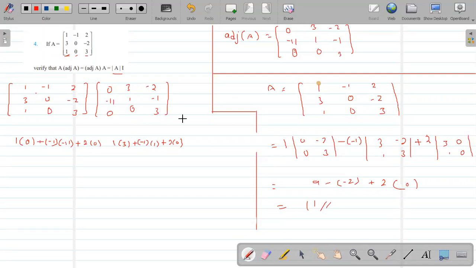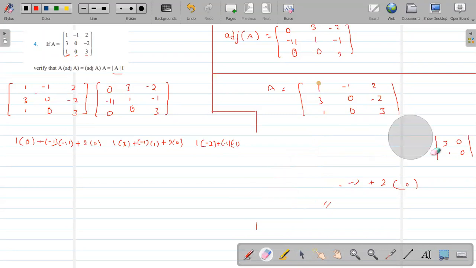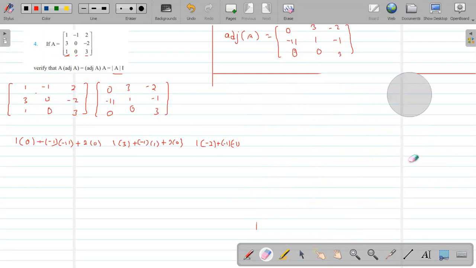So 1 multiply by -2 plus -1 multiply by -1, plus 2 multiply by 3.